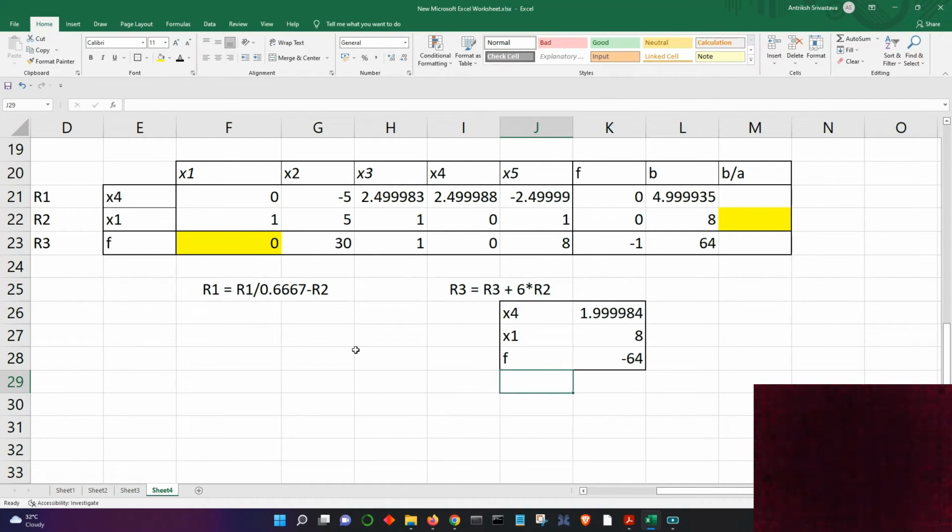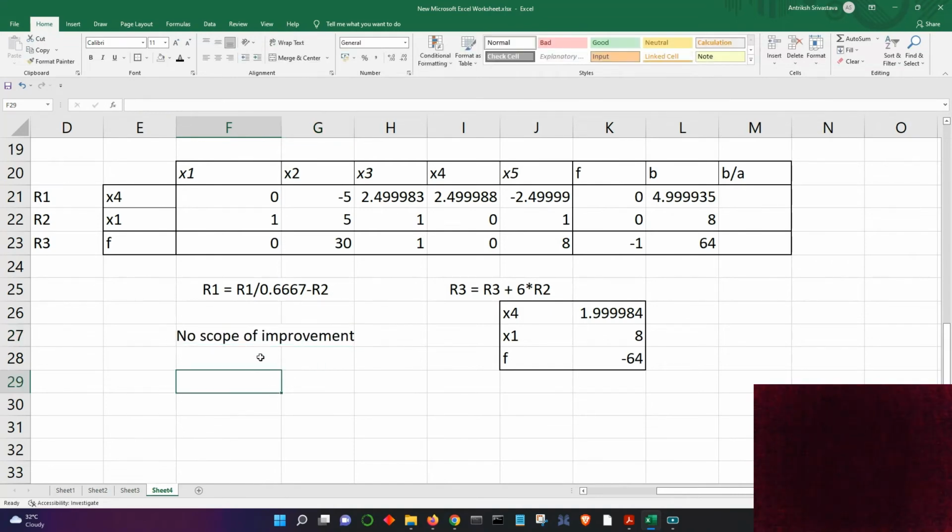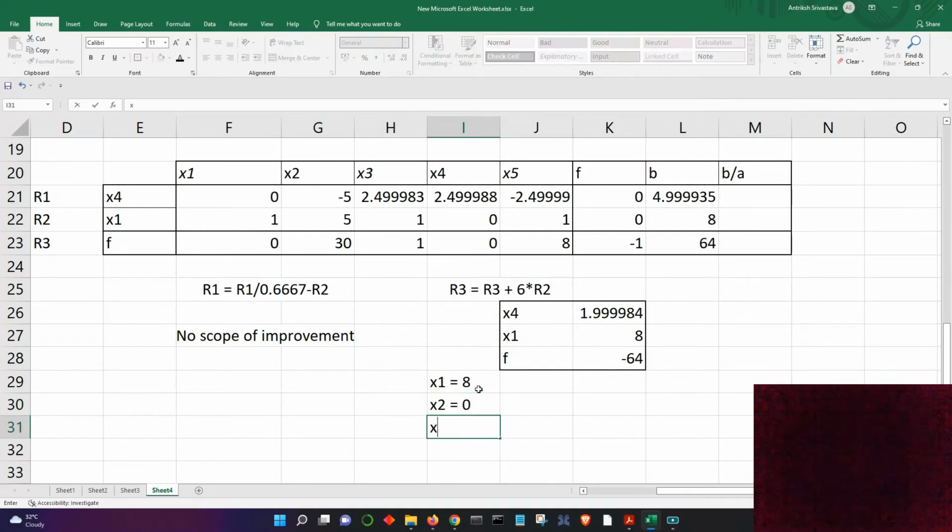So is there any scope of improvement now? Yes. Okay, since there is none, we will write here that there is no scope of improvement. So this is our solution. x1 is 8, x2 is 0, x3 is 0.